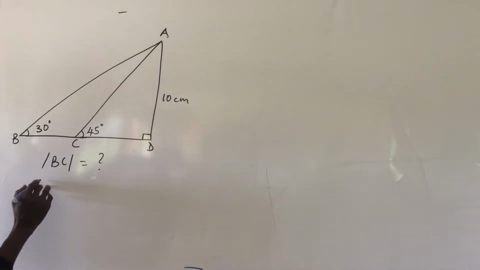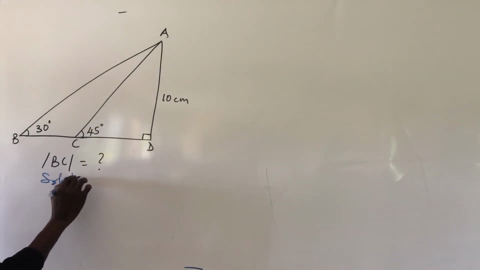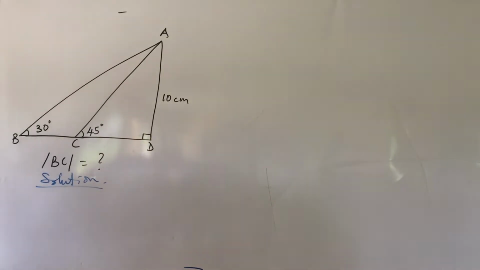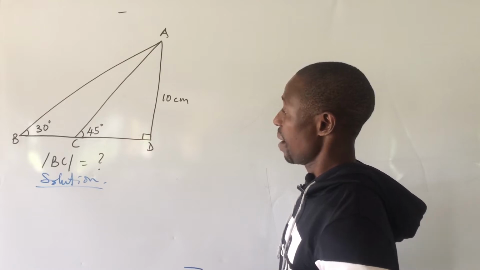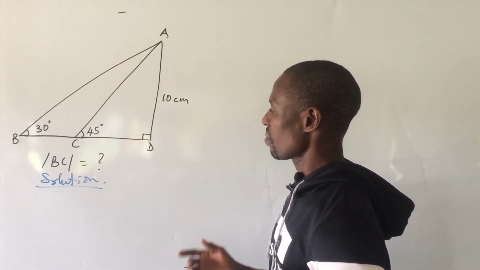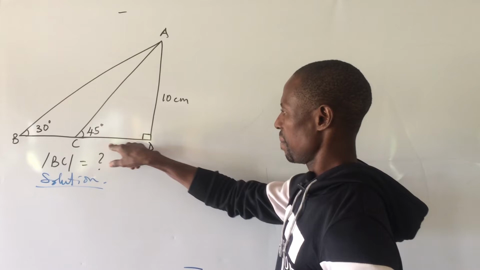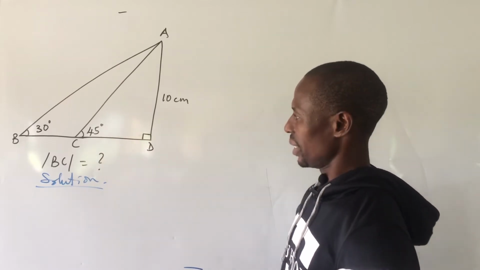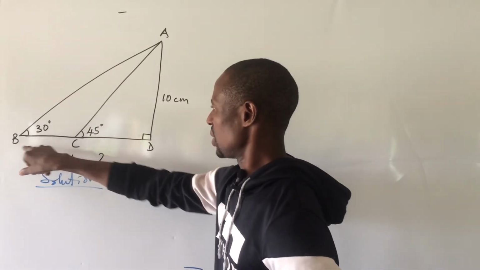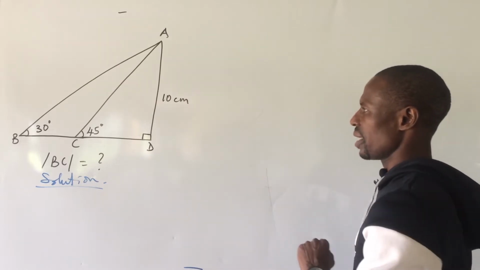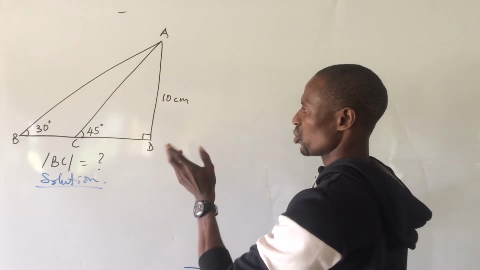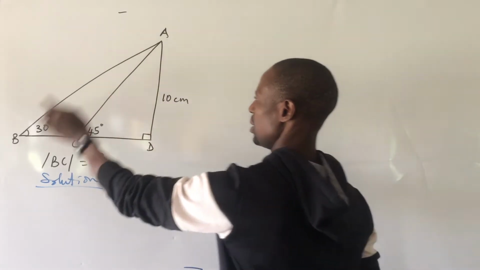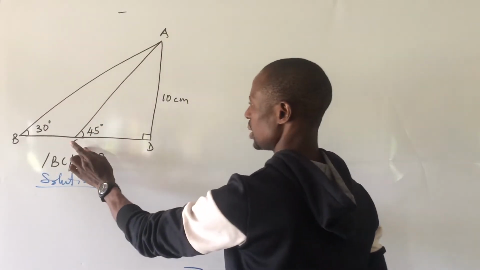So you have your solution. We look at our diagram critically. Before we can get our line BC, we must get this part, which is CD. Now, let's consider triangle ABD, because we have two triangles here, ABD and ACD.